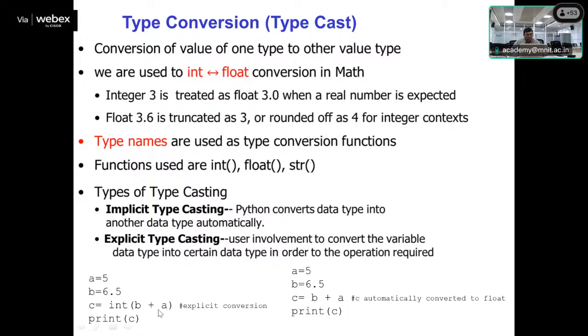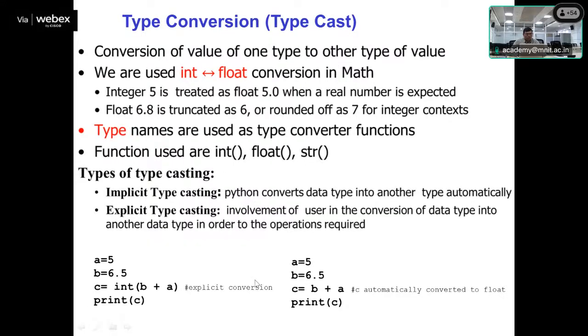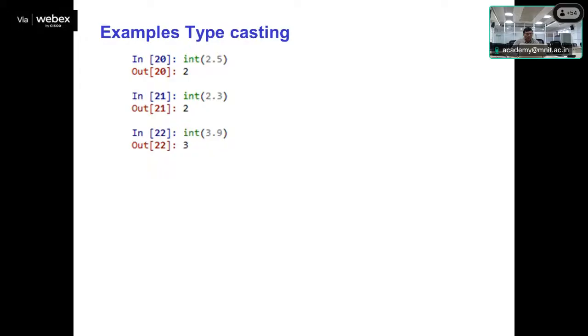So b plus a is 11.5, that will be converted and assigned to c. Now the data type of c is going to become an integer type. Okay, so that is how explicit and implicit conversions take place.